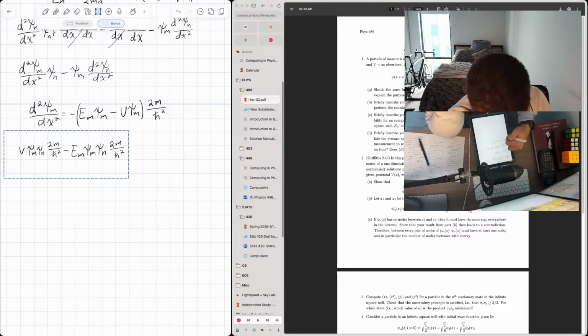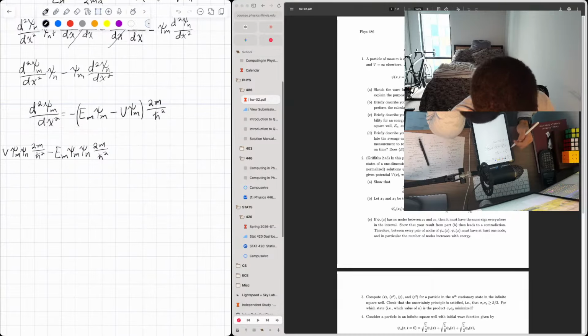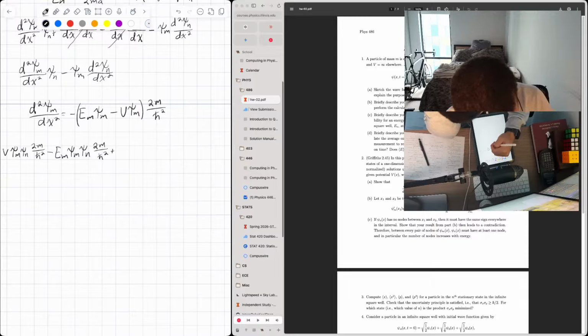And then this is going to be, the minus sign will cancel out, so we'll have plus E n psi m psi n 2m over h bar squared minus V psi m psi n 2m over h bar squared.